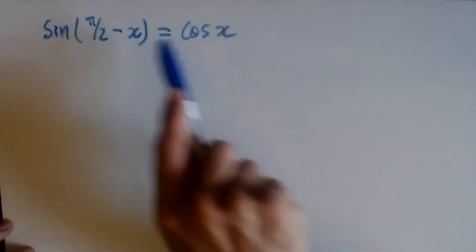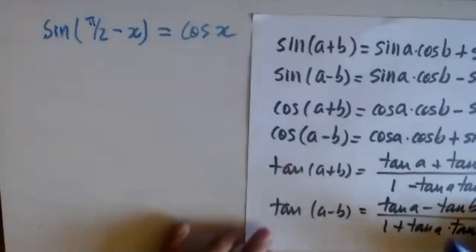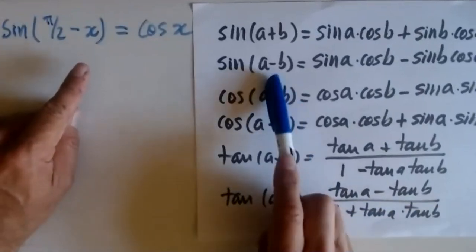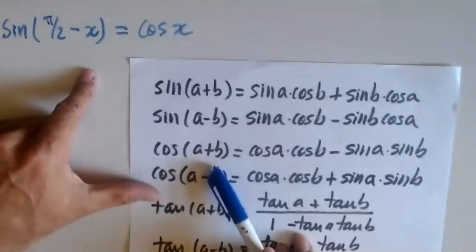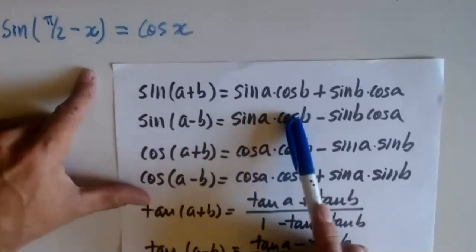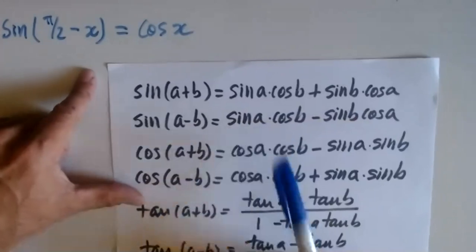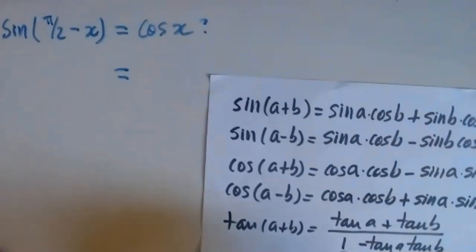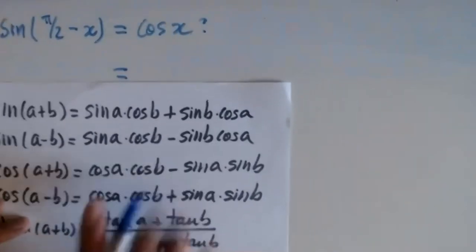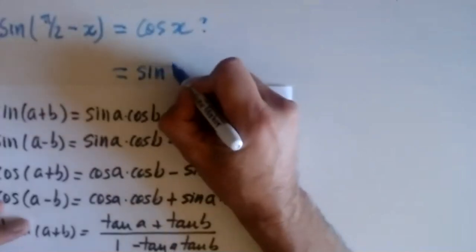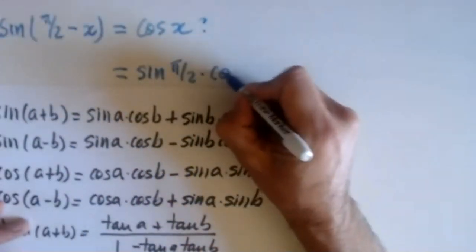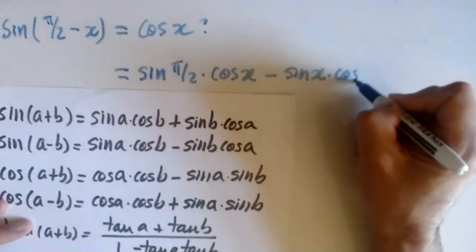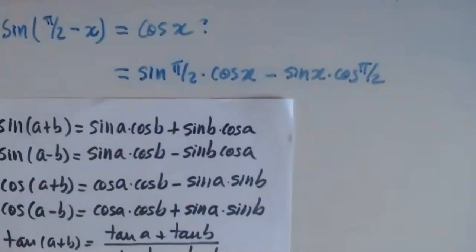I have to move from here to here. I check my identities right there. You see, this one is sine cosine minus sine cosine. So what I'm going to do is very simple. This is going to be equal to sine pi over 2 times cosine x minus sine x cosine pi over 2, correct?